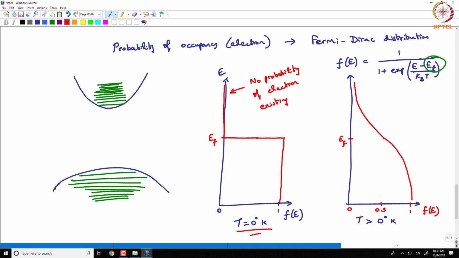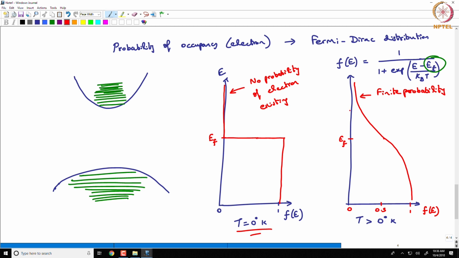If you plot that expression, it's going to be something like this. So, what it says is, in this case there is a finite probability of electron existing in this conduction band.